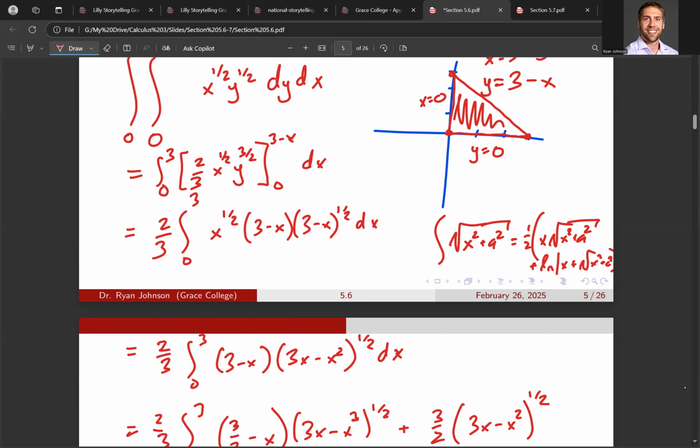Yeah, let's look it up. It's in the integral tables in the back of your book. There's no reason for us to rederive it. We derived it once in class. Once is enough. Okay, involving trig.